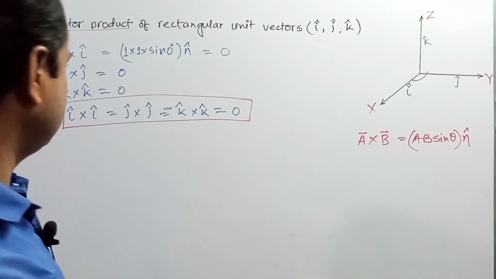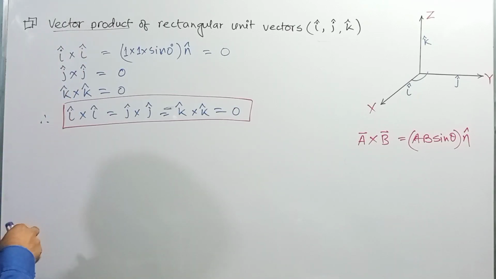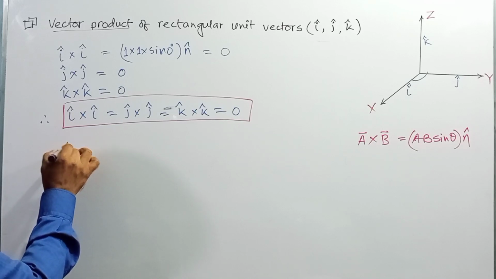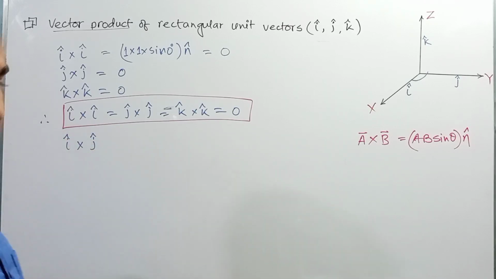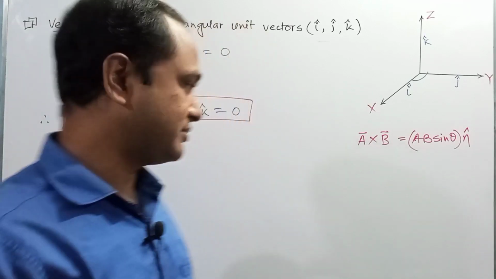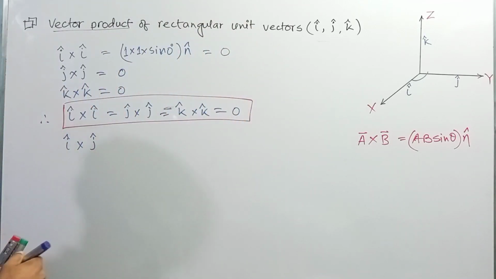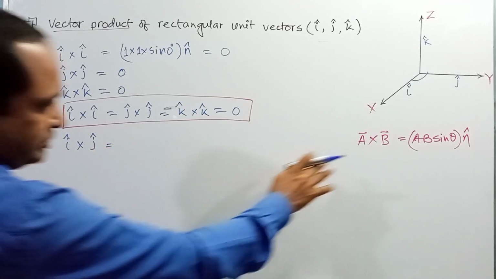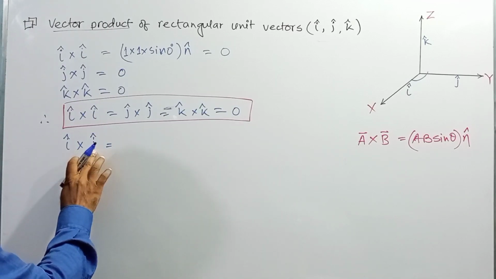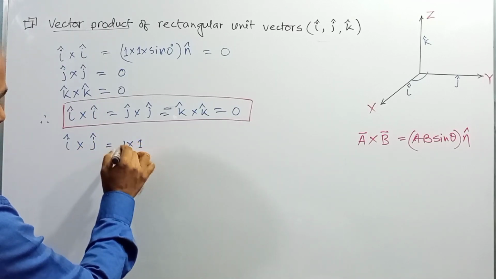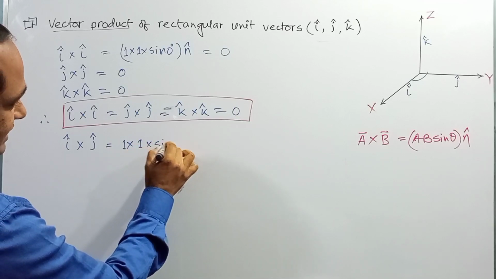Now we are going to get the cross product of i cross j. Here i and j are two different rectangular unit vectors. So what will be the result in this case? Dear student, according to this expression, first we will get the magnitude of i cross j. Here the magnitude of i and j will be 1 into 1, then into sin theta.